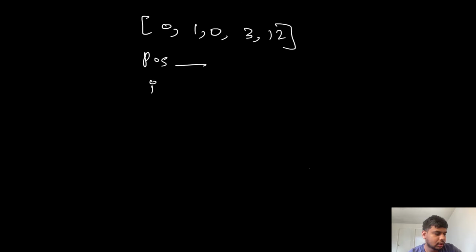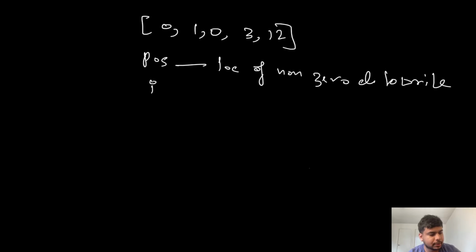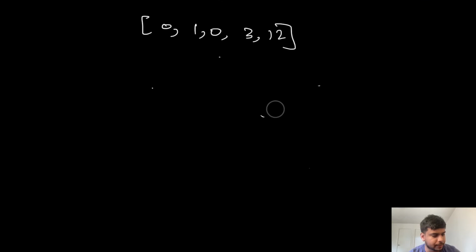This is the location of the non-zero element to write. So non-zero elements will be written at this position, and i is just a looping variable. It goes through the entire array.